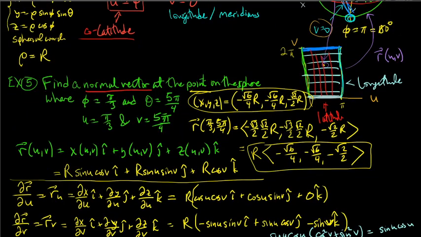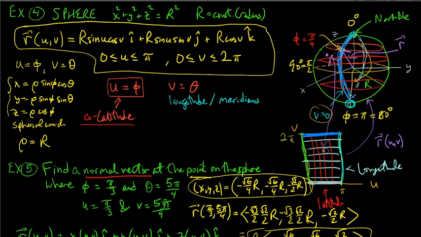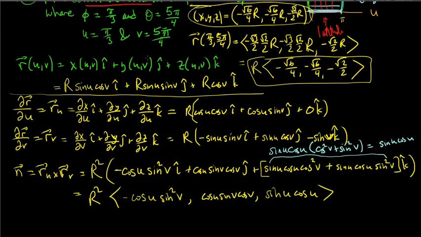So wait a minute. V is theta. This is not cosine theta. This should have been a u up here, cosine of u. So yeah, I got the parameterization wrong. This is cosine of u, not cosine of v.